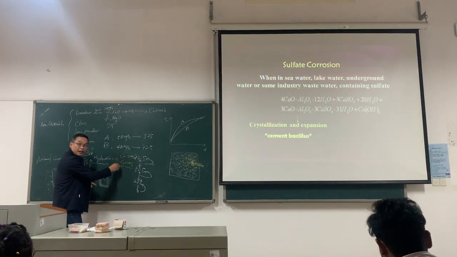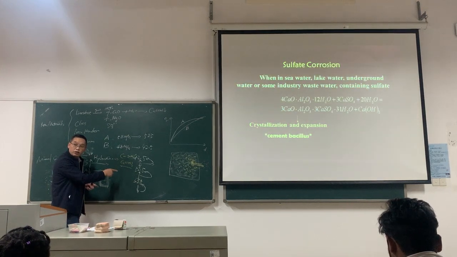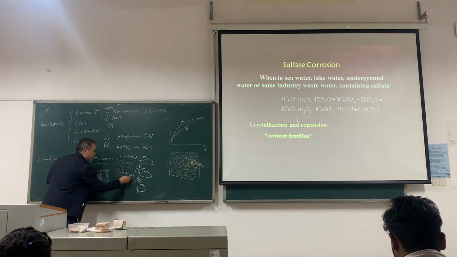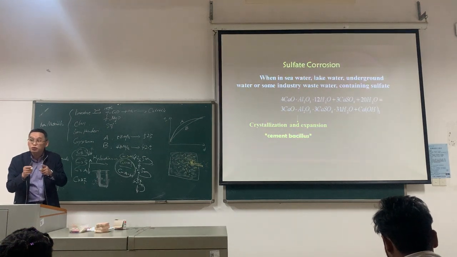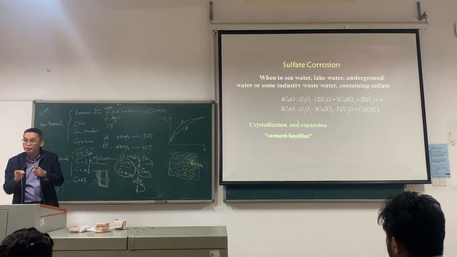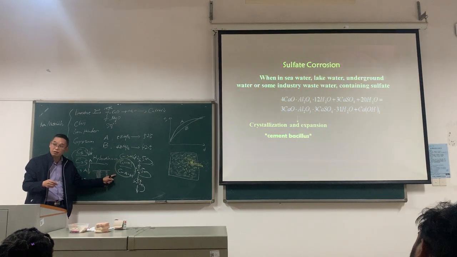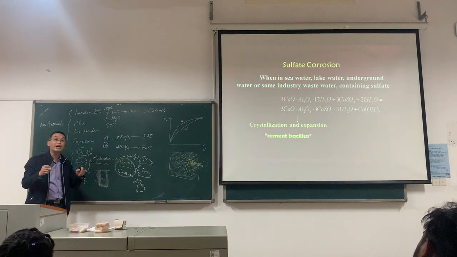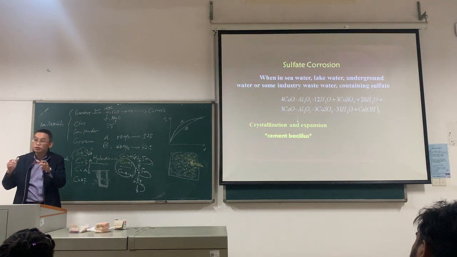This is the first kind of substance. Another one is this one. This has a reason for the chlorine in the concrete. So when we choose the cement type, we need to choose a cement that produces little of these two substances. So we cannot choose the Portland cement. We need to choose the sulfate resistant cement.